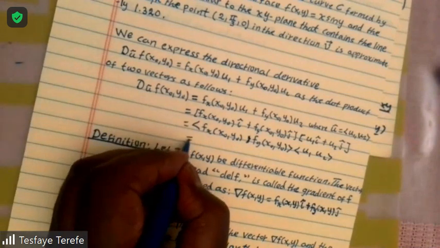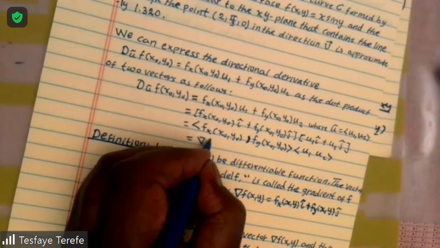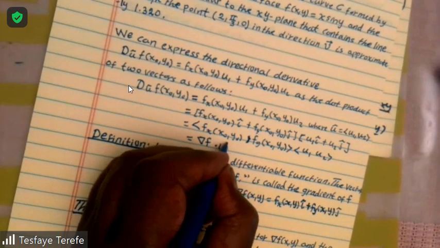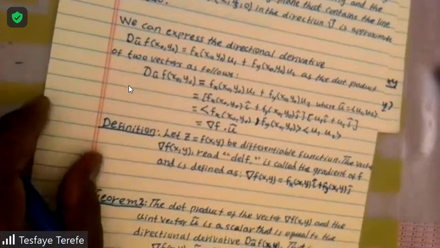This one we represent by a vector like this, and that is dotted with the unit vector u. So this is the definition.